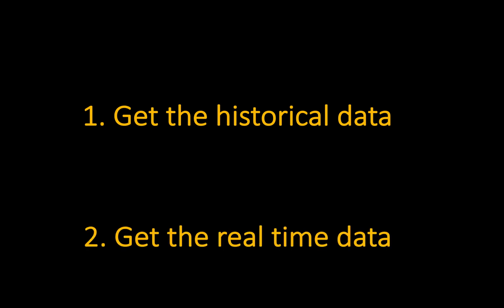So in this class, apart from the overview of Excel sheet, I'll also show you where to get the historical data, and second, where to get the real time data. So before we start working on Excel, let's jump on a website from where we can get the historical data.